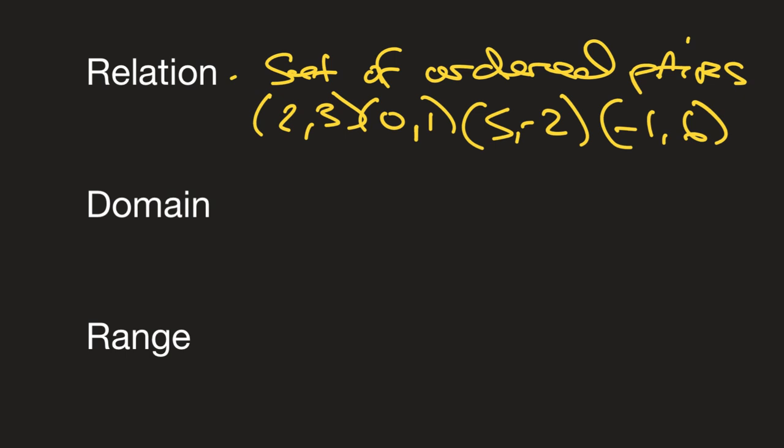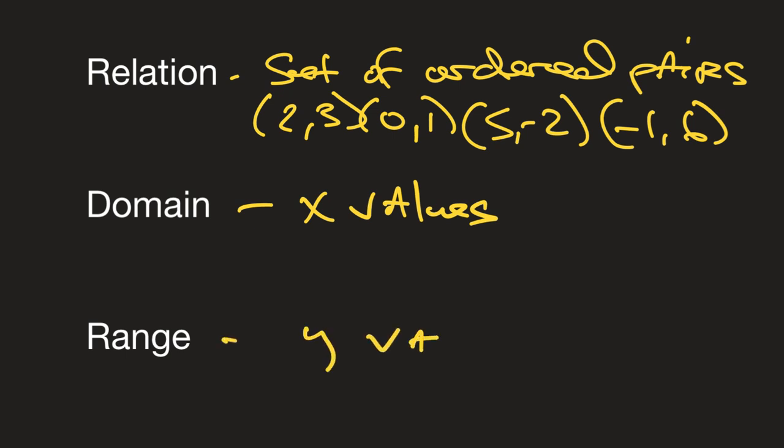Does anybody remember what kind of values are domain values? They're X values. Domain values are X values. We just need to associate that. When we see domain, we need to be thinking X values. Domain is X. And if domain is X, what do you think range is?